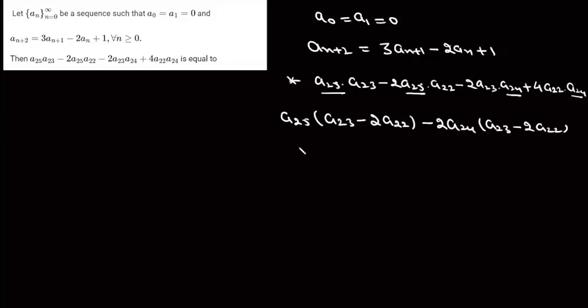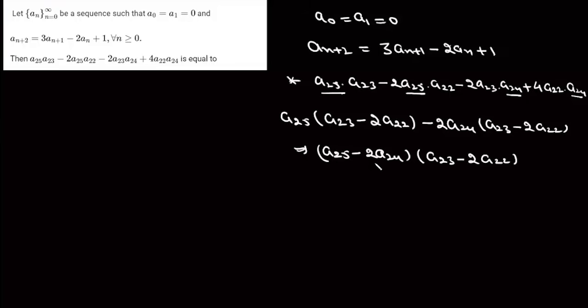So basically we'll need to find this value, which is a25 minus 2 a24 into a23 minus 2 a22. So if we can find a_n minus 2 a_{n-1}, we'll get our result.